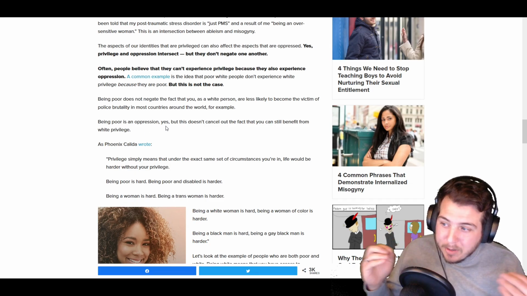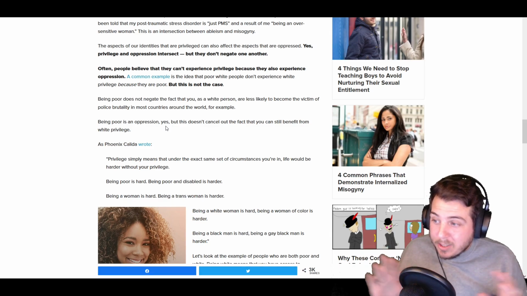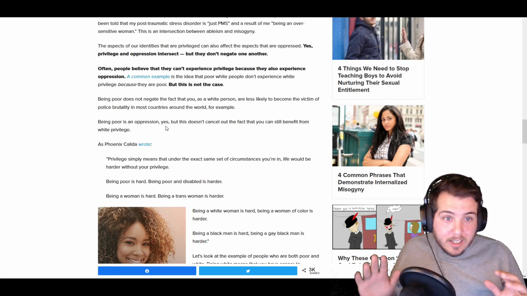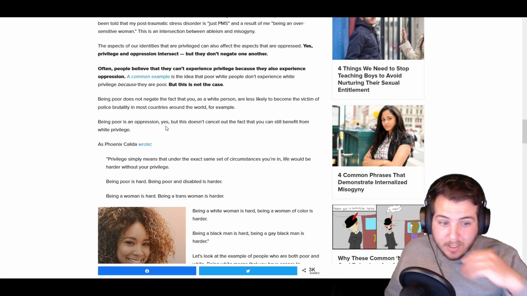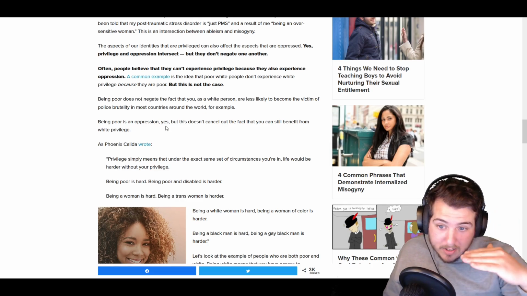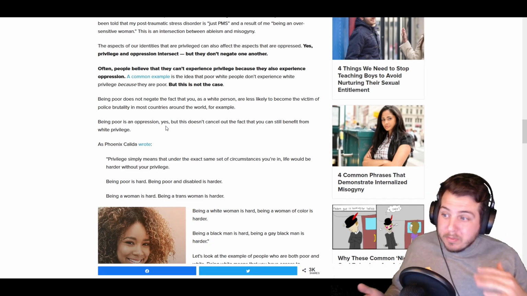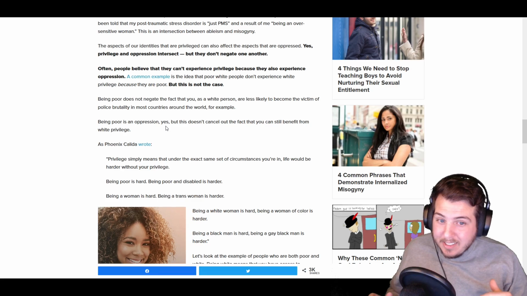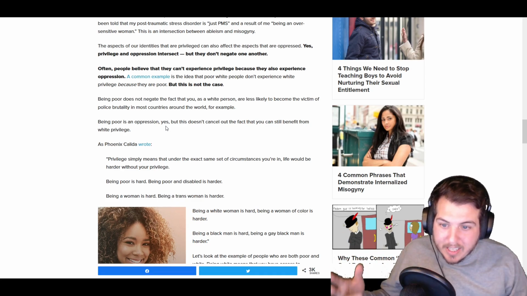This needs to be updated for sure, because I don't understand how anybody can say white privilege is still a thing. If you were to look at a ranking scale or a hierarchy of today's society, white male or white person is like bottom of the barrel. But all you hear about is white privilege, white this, white that.